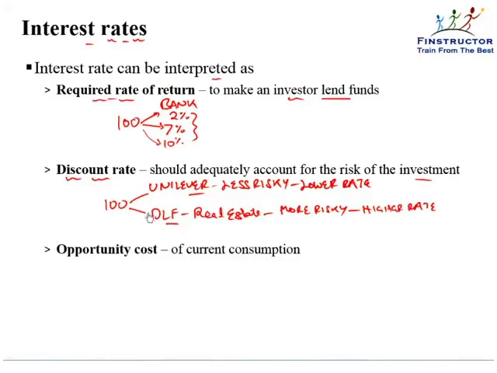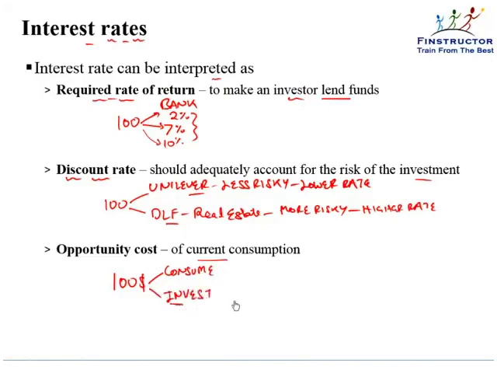The third theory says that the discount rate, or the interest rate rather, is the opportunity cost of current consumption. So please understand, if we have $100 in our pocket at any point in time, we have two choices. We can either consume it or we can invest it.